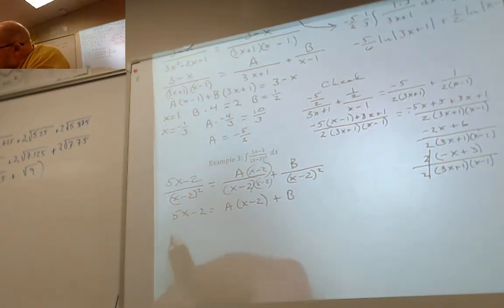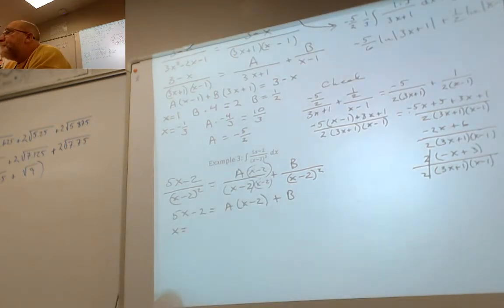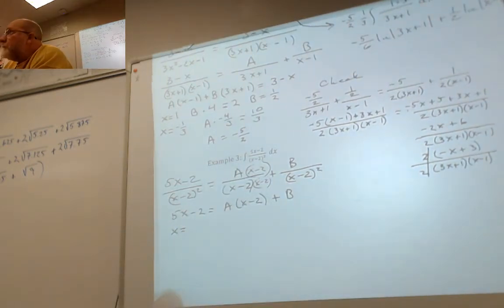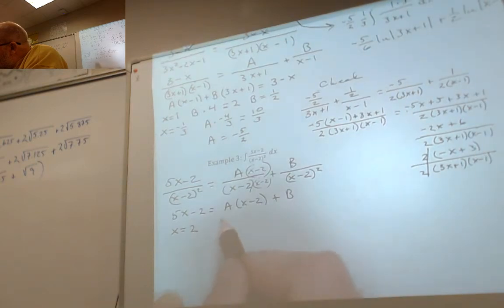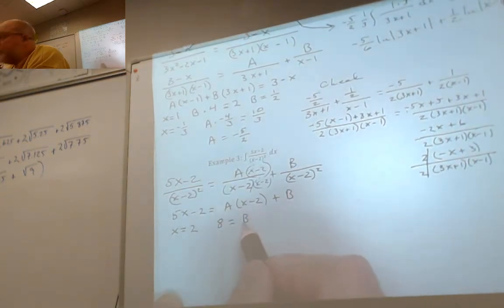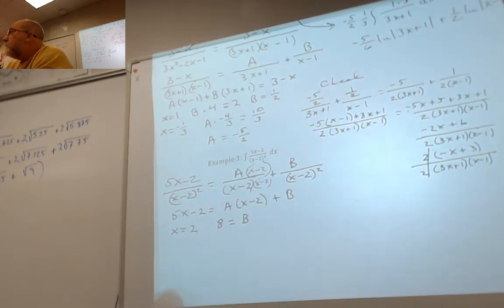Now, what do you suppose I'm going to start out x being? 2, right? Would you agree? So I'm going to 2, and it's going to be 8 is equal to b. Now, I got to figure out a.